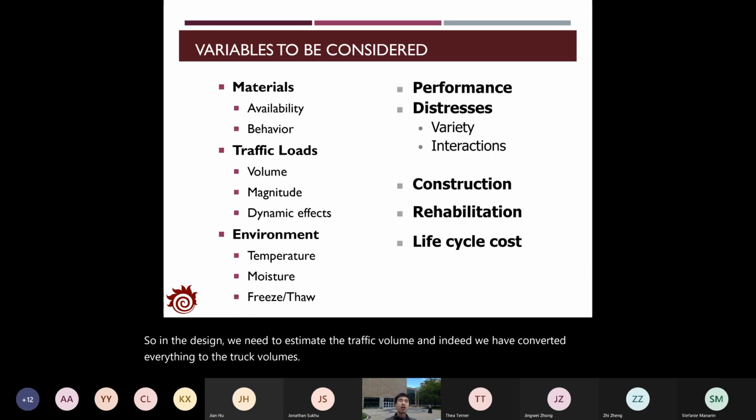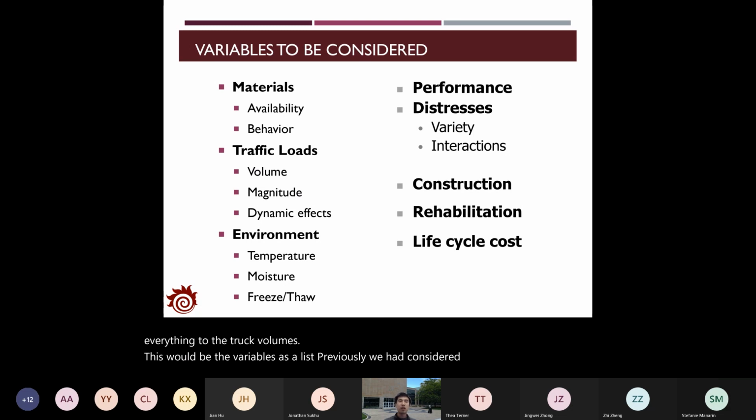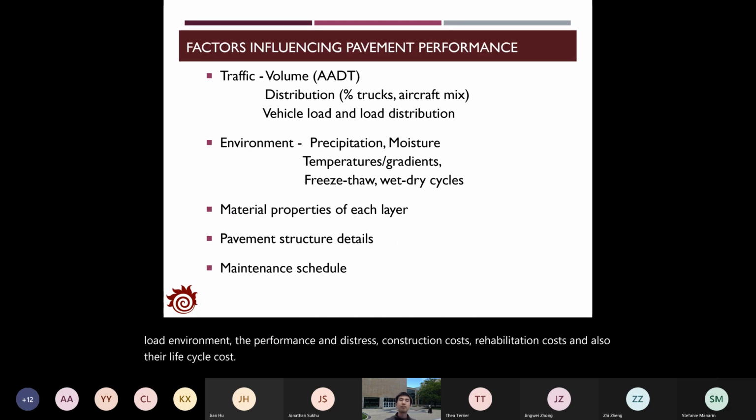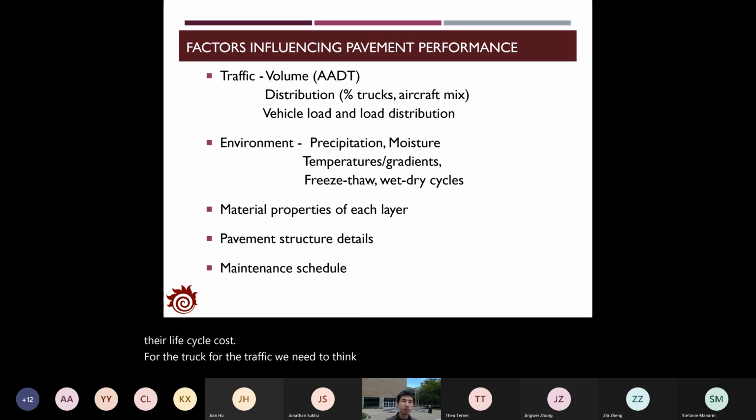These would be the variables as I listed previously. We have to consider the materials, the traffic load, the environment, the performance and distress, construction cost, rehabilitation cost, and also the life cycle cost. For the traffic, we need to think about the volumes, especially the truck volumes.